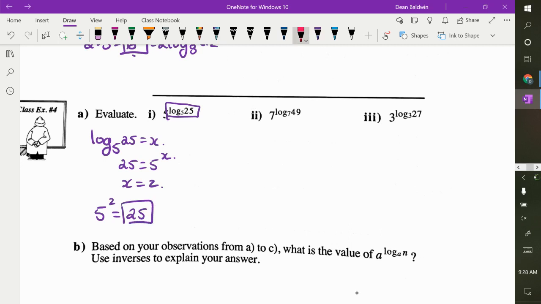So what that means is 25 is the value of 5 to the log base 5 of 25. Okay. Let's do the next one. Again, it's the exponent. So just deal with the exponent by itself.